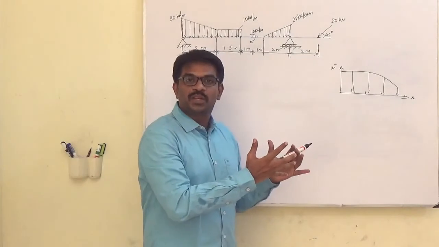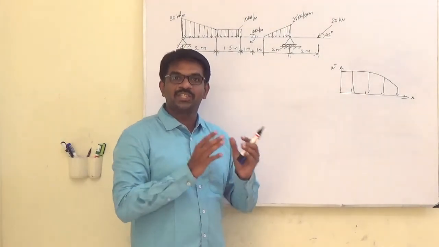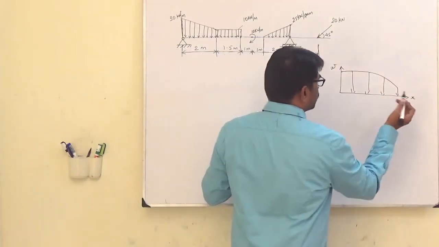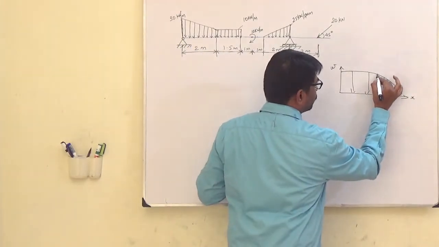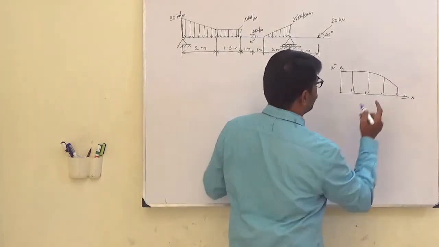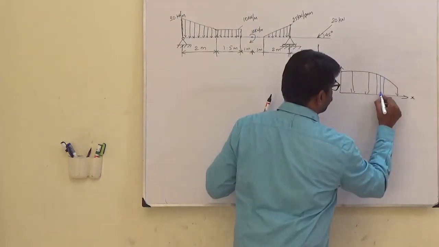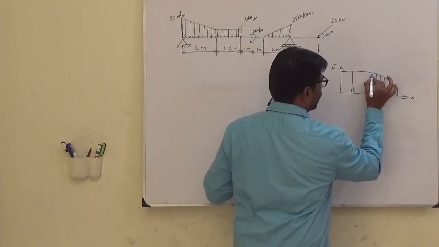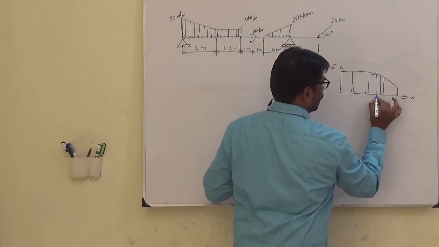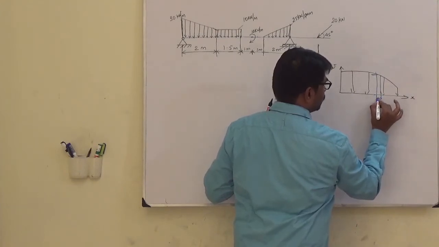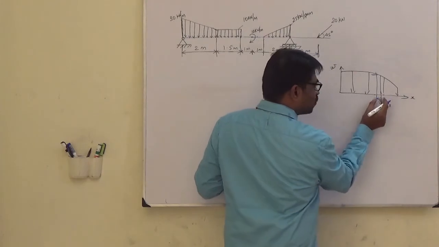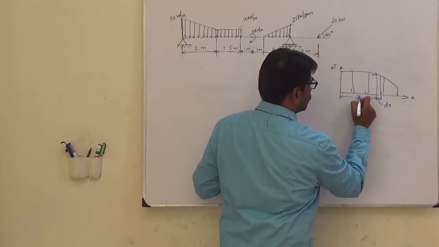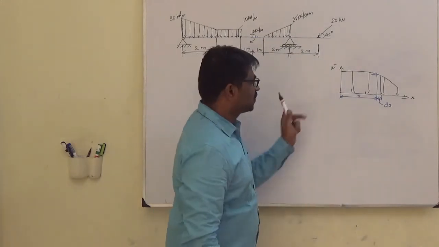How is this distributed force changed into a concentrated force? For that, you take a small element. At this point the height is W, this small length is dx, at x distance from this end.